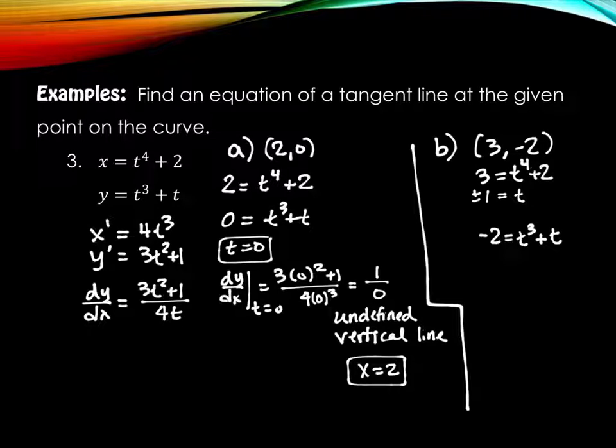But now I have to figure out using the other equation which one works. In theory, it could be both, perhaps, but this one's not. Which one is it? Negative. The t equal negative 1 is the only one that will satisfy the second equation. So here, t will have to equal negative 1 to make it actually work.